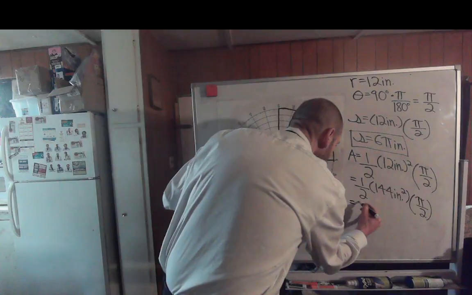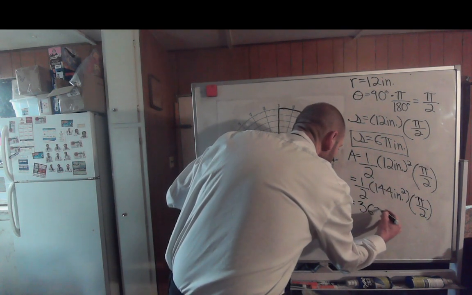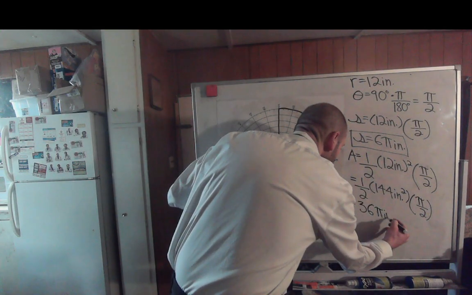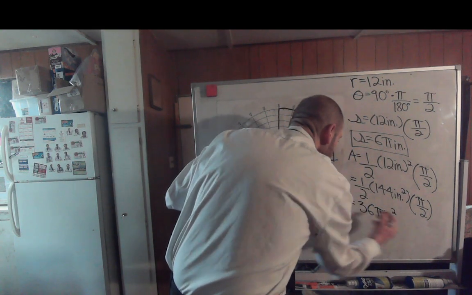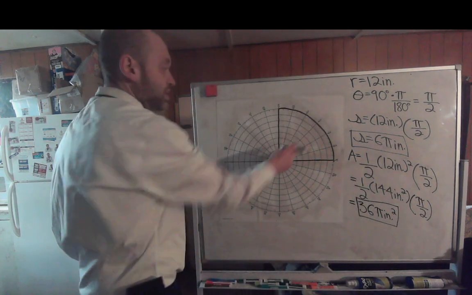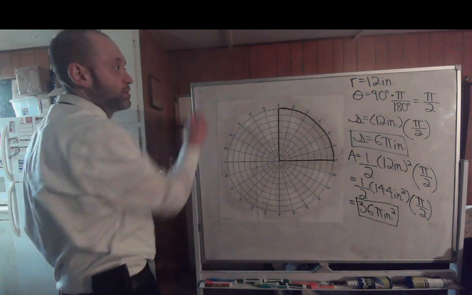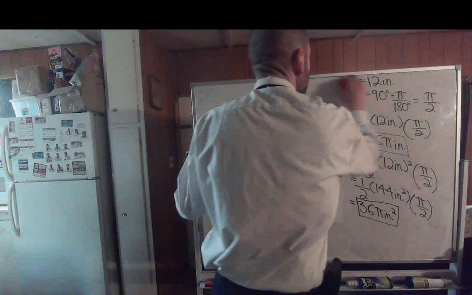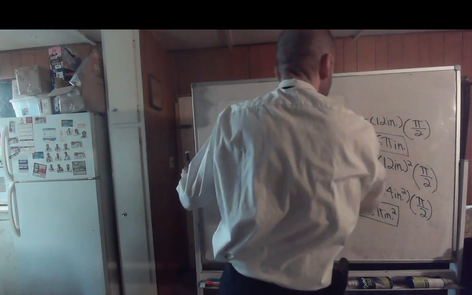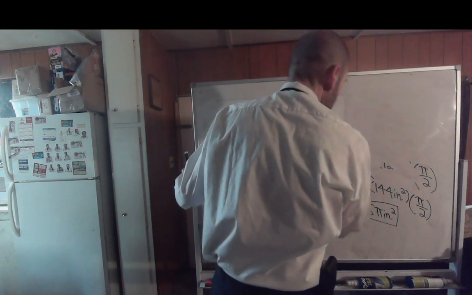So I should end up getting 36 pi square inches. So the area of this sector would be 36 pi square inches, is exactly what I'd have. So I'm actually glad they gave it to us in degrees so we can see what the heck that looks like.